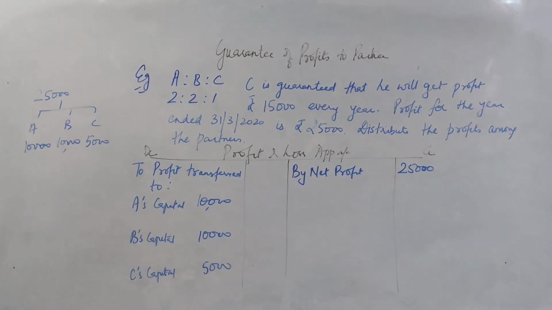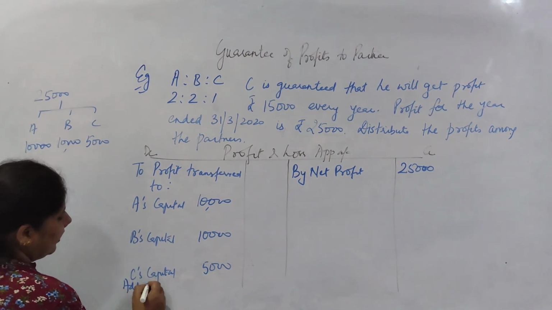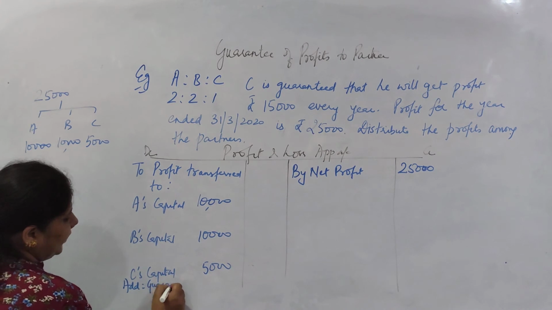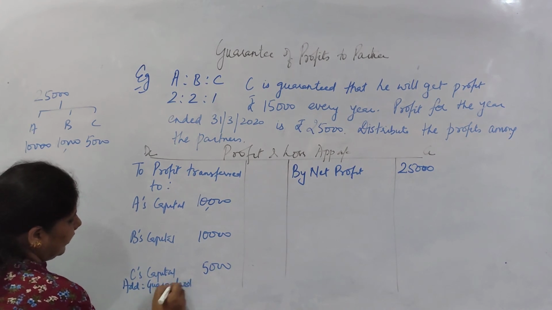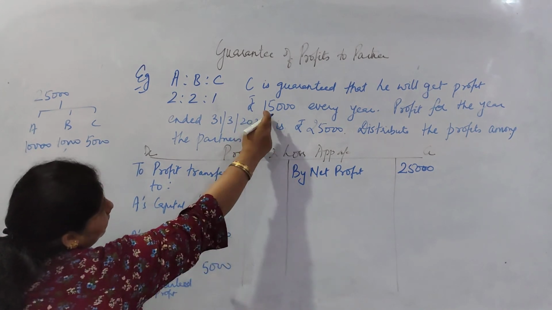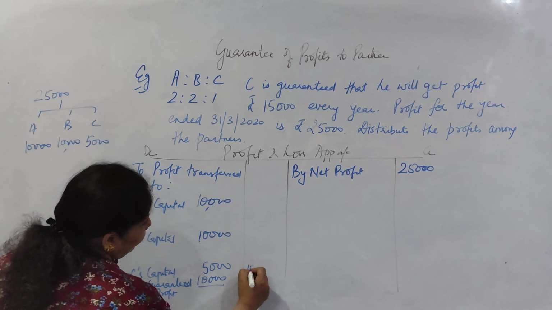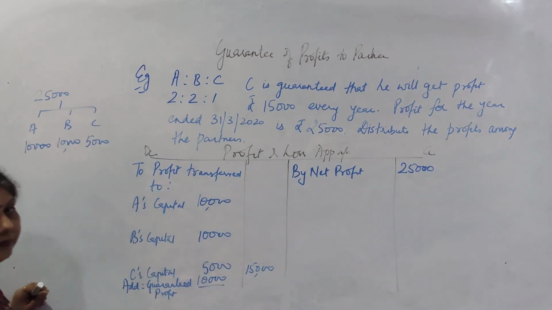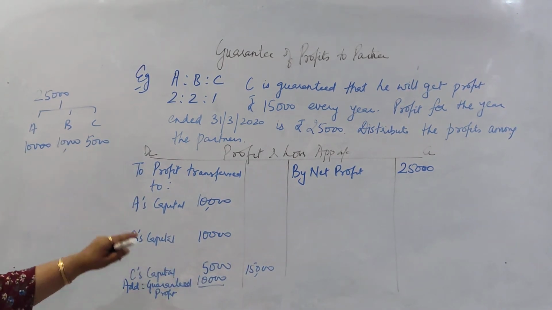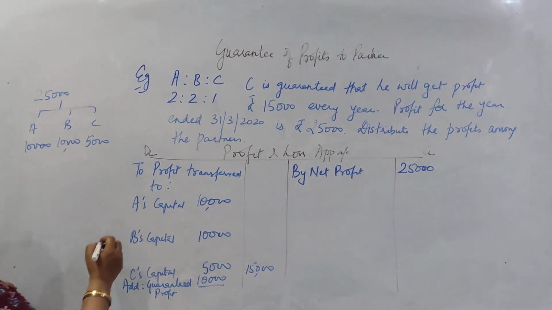But C is guaranteed a minimum profit of 15,000. So we will simply add the guaranteed profit here: 15,000 minus 5,000, which is 10,000. So C's share of profit is 15,000. This 10,000 will be given by A and B in their remaining ratio, that is equal.